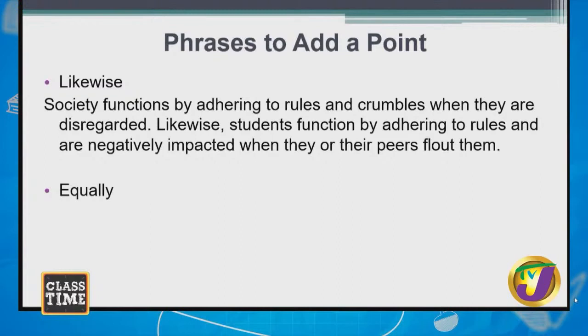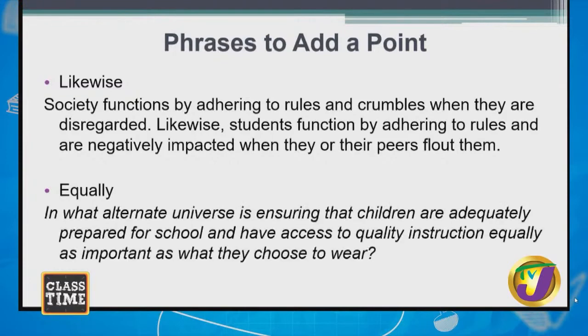Let's look at "equally" now. How can you use "equally" to add a point? In what alternate universe is ensuring that children are adequately prepared for school and have access to quality instruction equally as important as what they choose to wear? So your idea is, why are we making such a big deal over wearing uniforms?